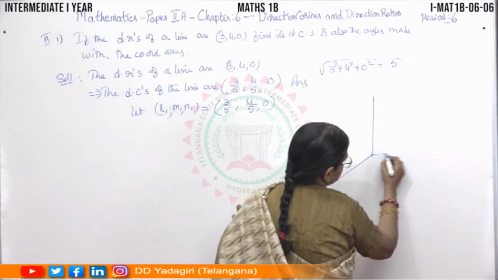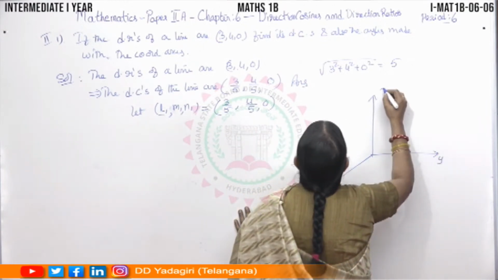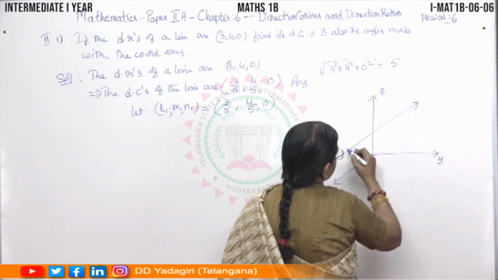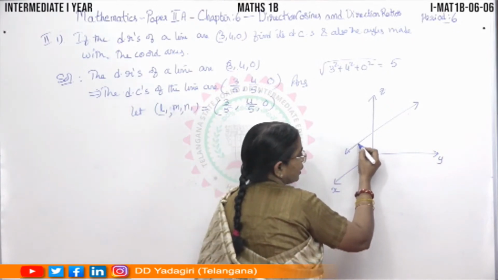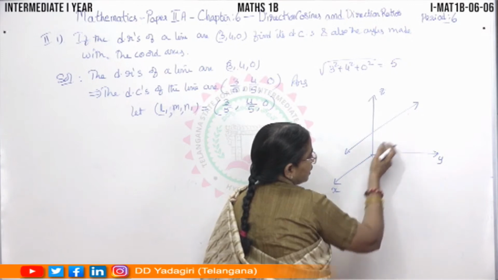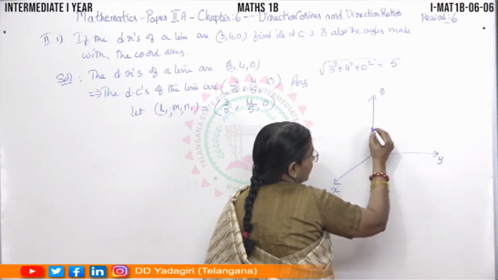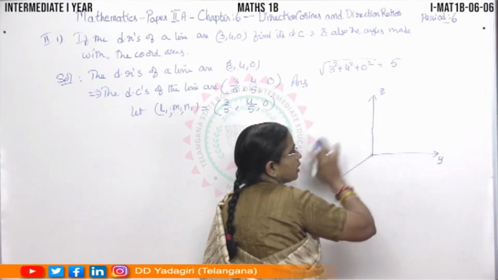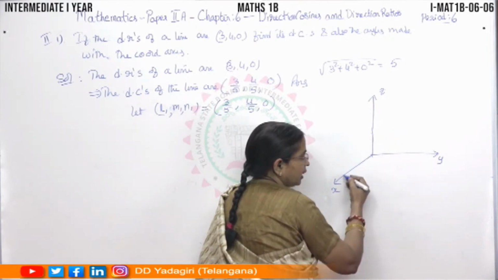You have x-axis, y-axis, z-axis, and a line like this passing through the origin. What is the angle made by this line with the coordinate axis? Suppose it makes an angle alpha with x-axis, beta with y-axis and gamma with z-axis. Then how to find the angle between the line and x-axis?